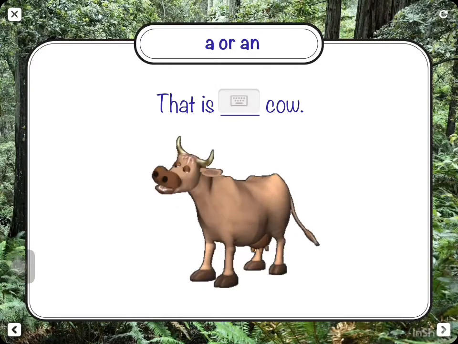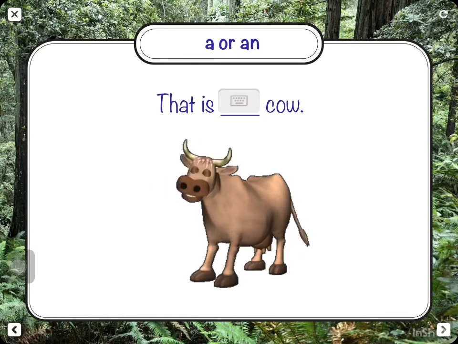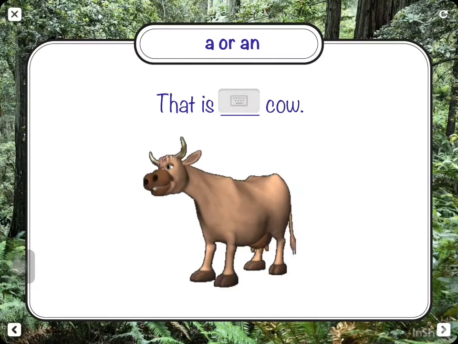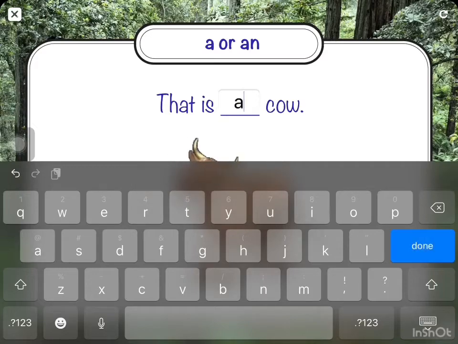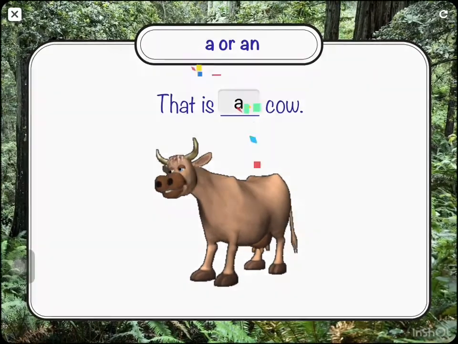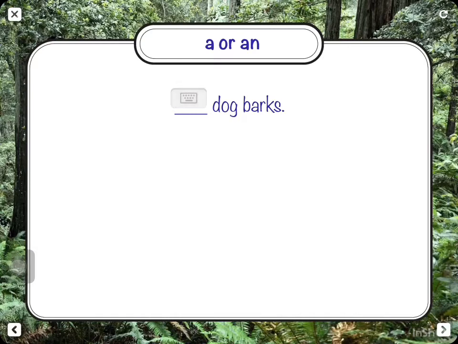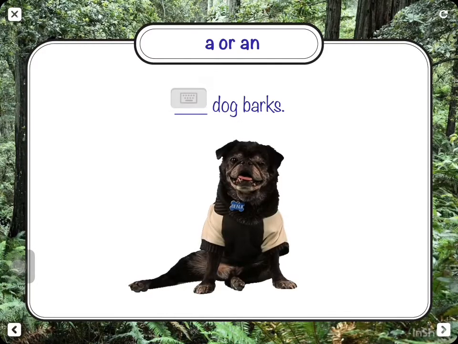Cow begins with C, and C is a consonant, so you use a. Last example for a or an. Dog barks. Dog begins with D, and D is a consonant, so you use a.